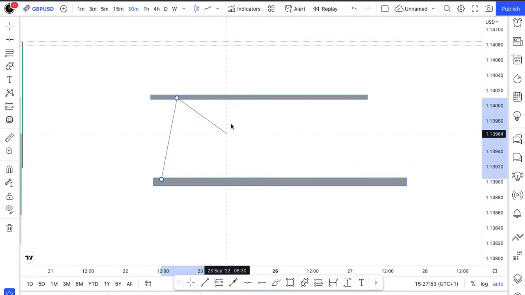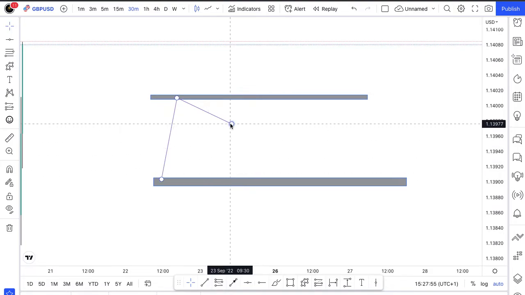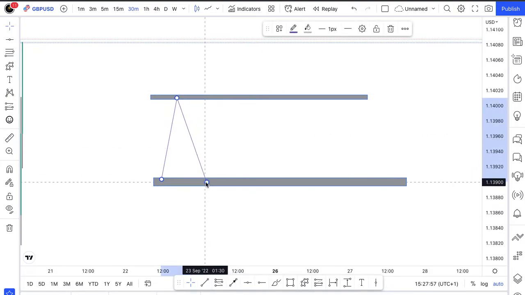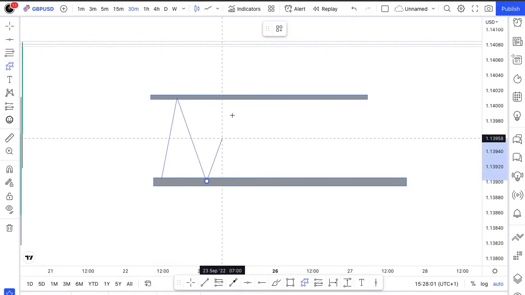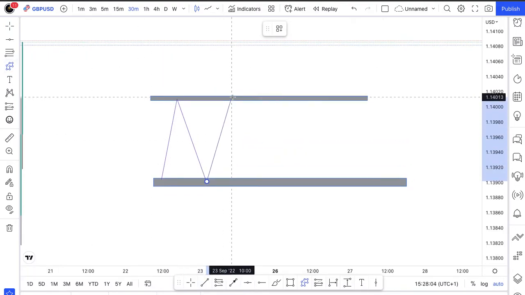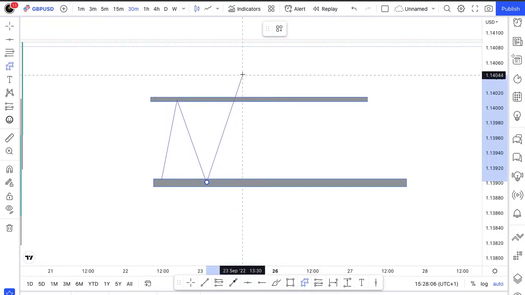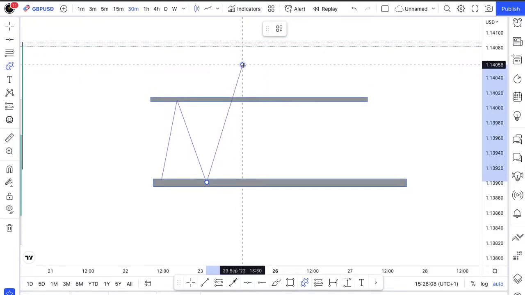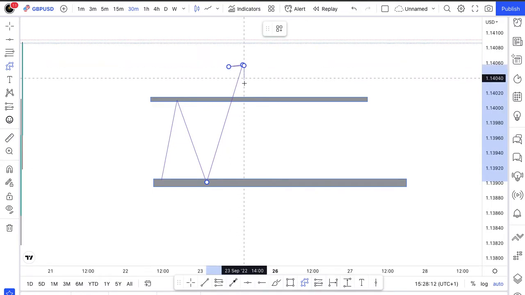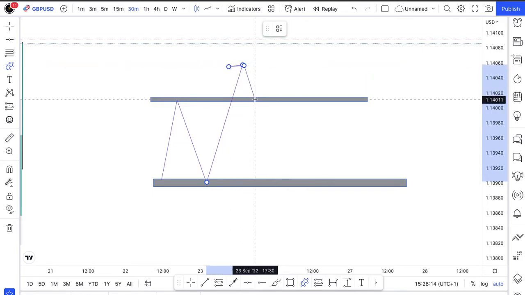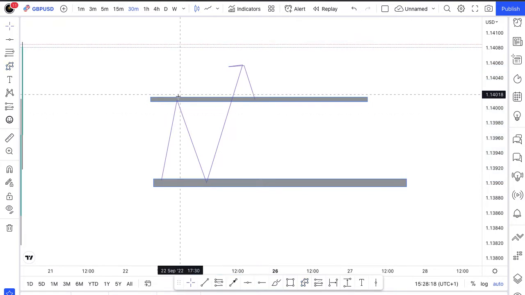Let's say price comes here again. Price comes to this resistance region and breaks above it. What happens? This point has automatically turned into a support. That means price has already broken above this resistance point.